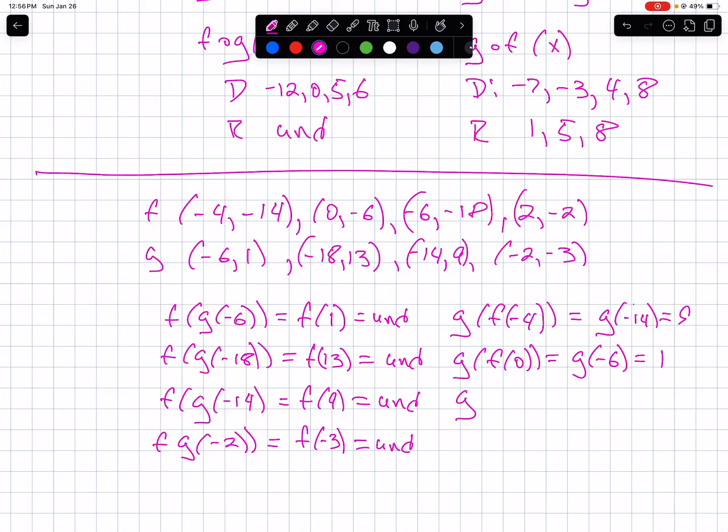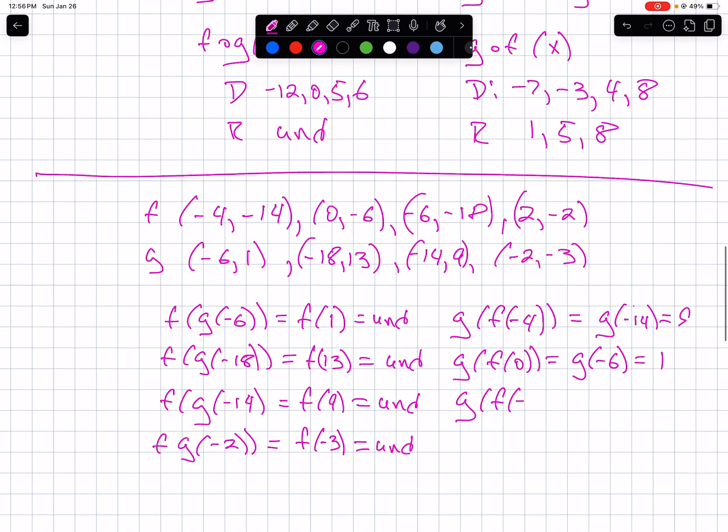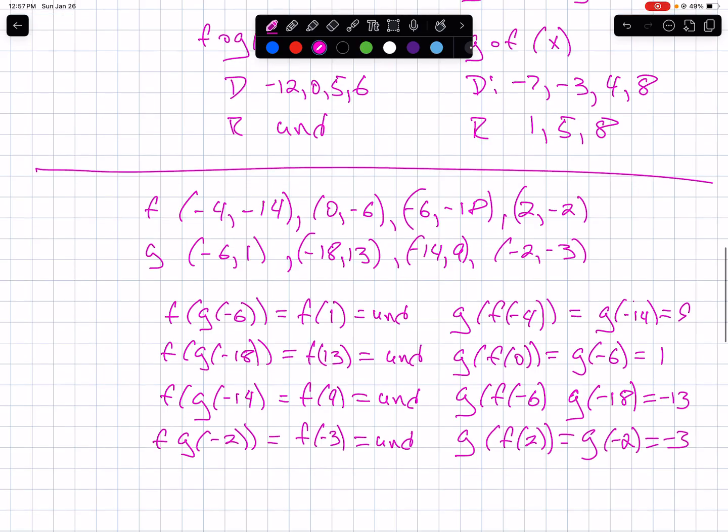So G of F of negative 6 is G of negative 18, which is negative 13, and G of F of 2 is G of negative 2, which is negative 3.